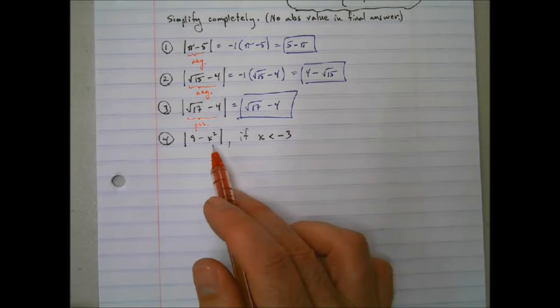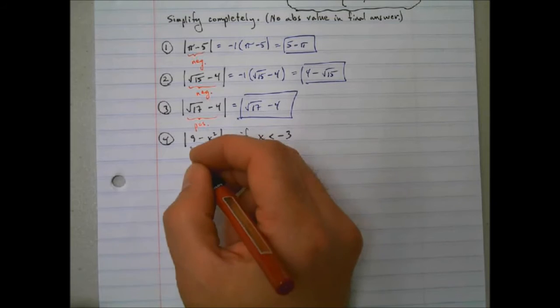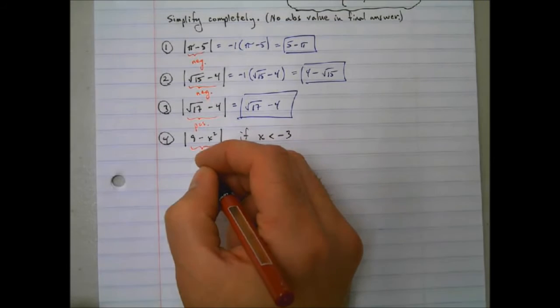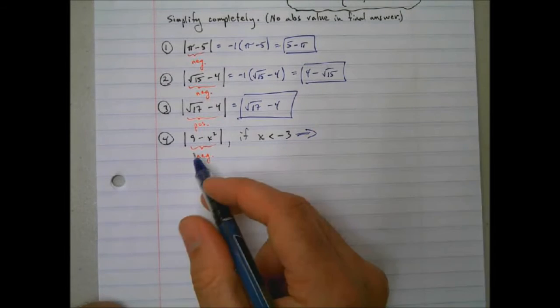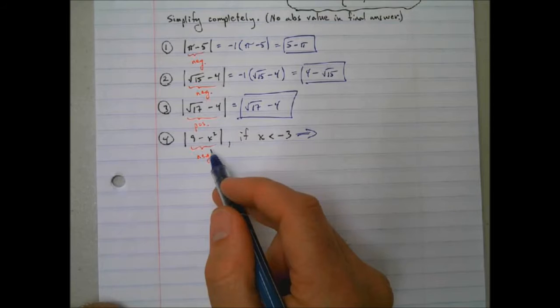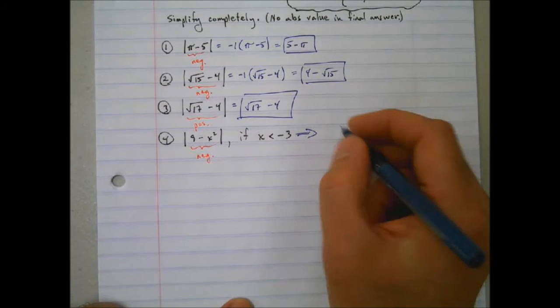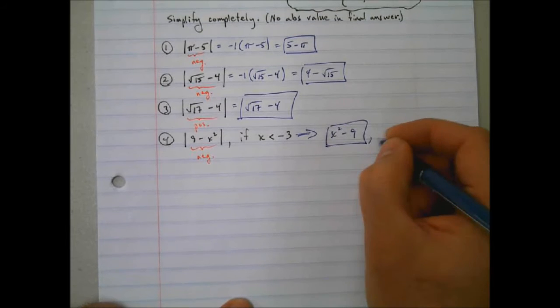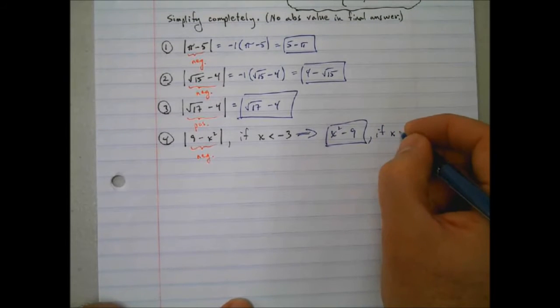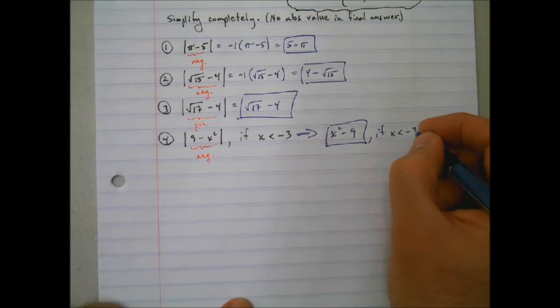Well, -3.1 squared is a little bit more than 9. 9 minus a little bit more than 9 is still negative. So we are following the negative rule, and so that tells me that the absolute value of 9 minus x squared is x squared minus 9 if x is less than -3.